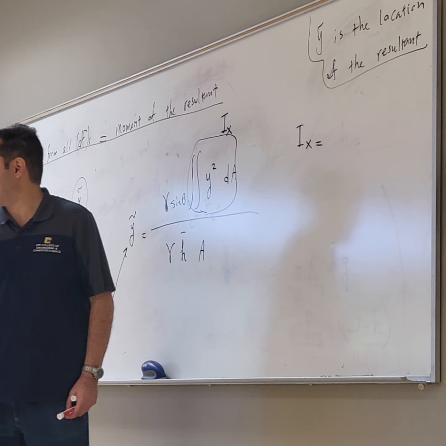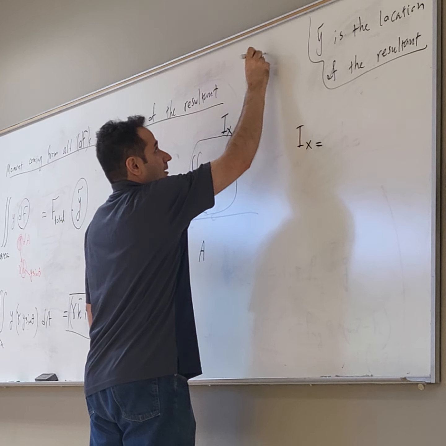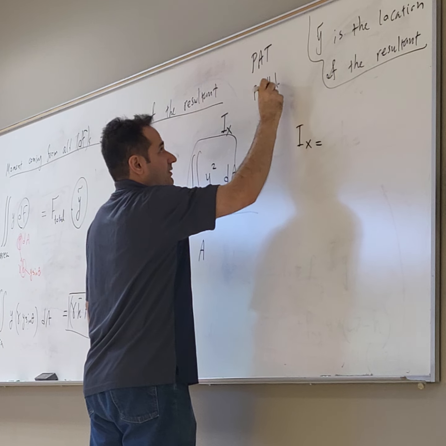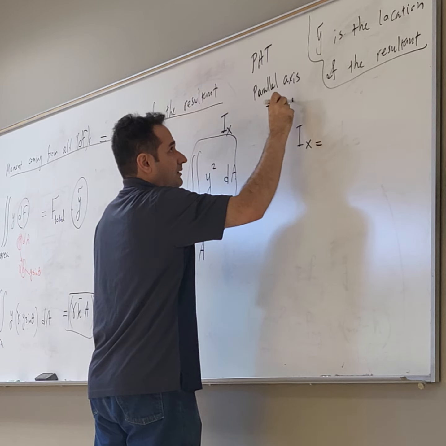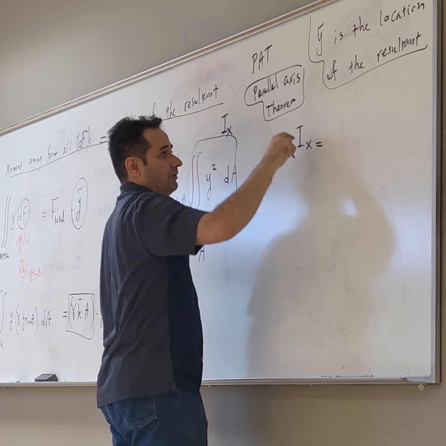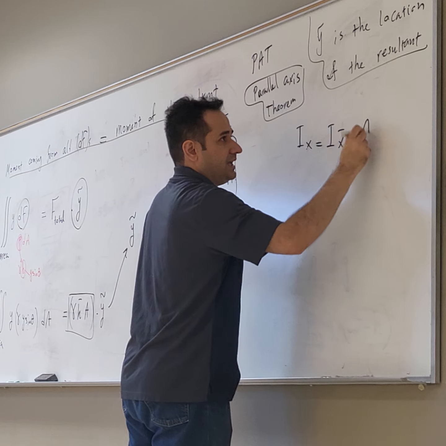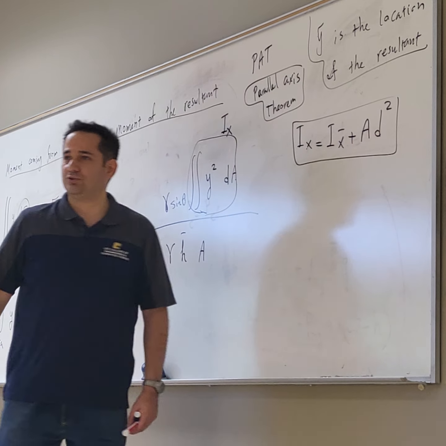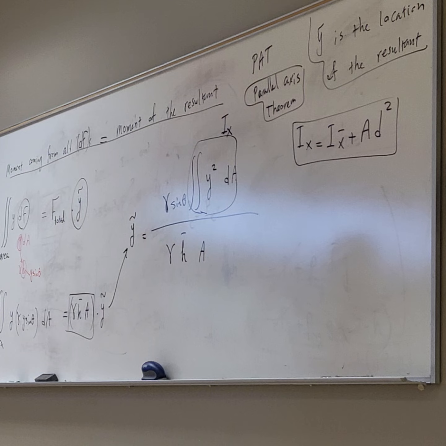You remember parallel axis theorem? It states Ix is equal to Ix bar plus A d squared. You remember that? I'm pretty sure you do. I used to give this in tests.